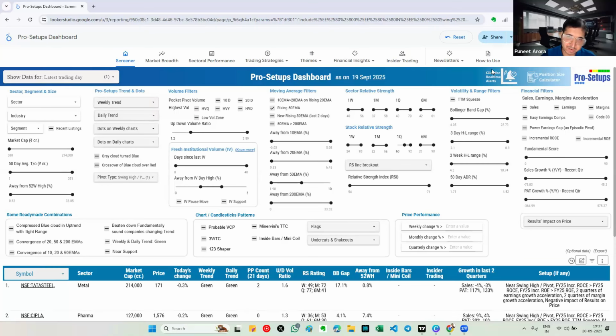So that IV day high becomes important. We have written a blog also on it. I will share the link. You can read that blog, and also see different examples on TradingView chart how that IV day high acts as a resistance also. And when a stock goes beyond that and comes down, that particular region acts as support as well.